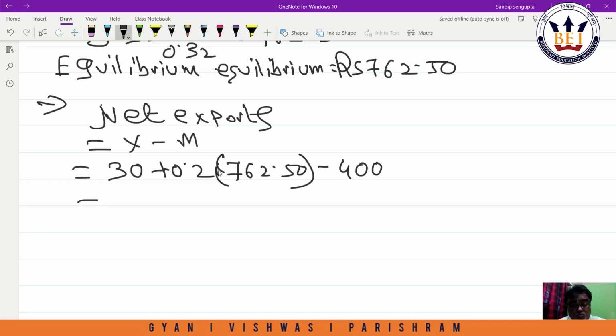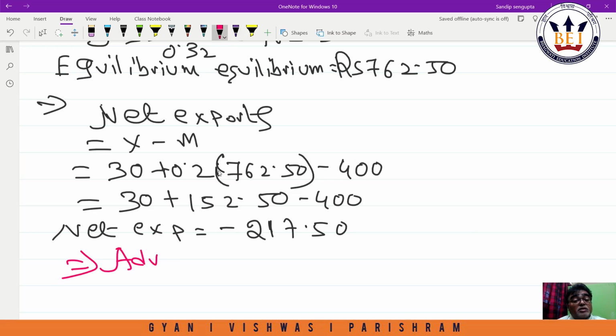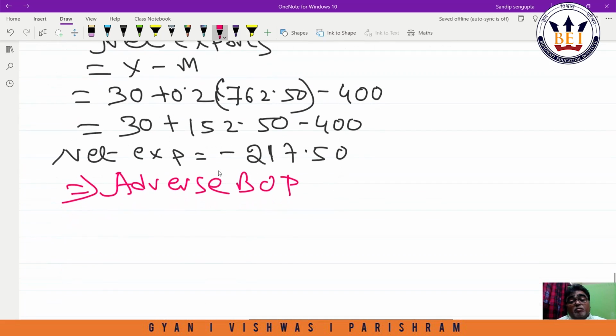So it is 30 plus 152.50 minus 400. So net export comes as minus 217.50. So beta, what does it imply? It implies adverse balance of payment. Just putting this value only, nothing else I did.